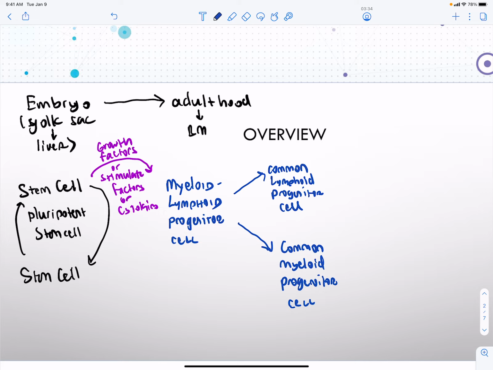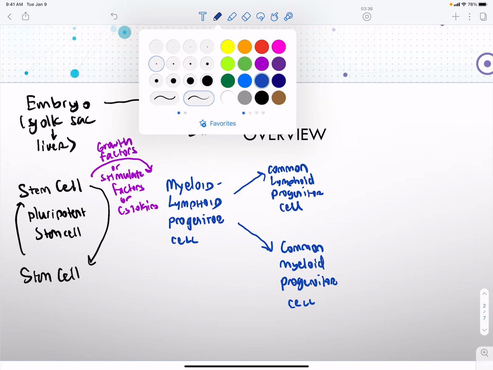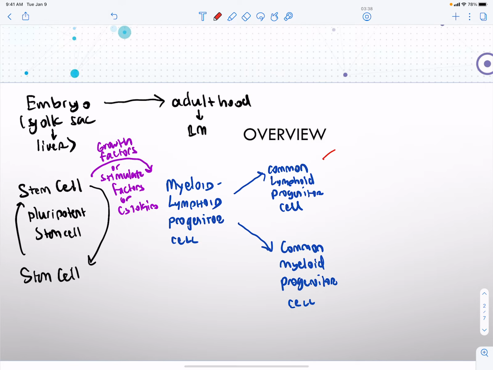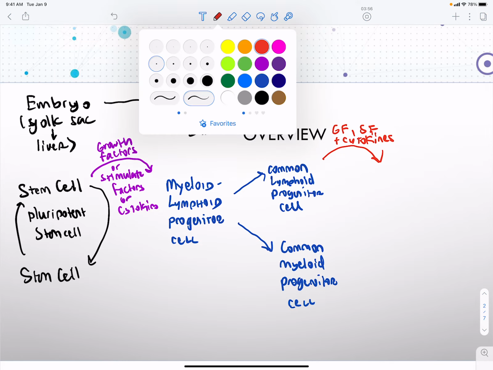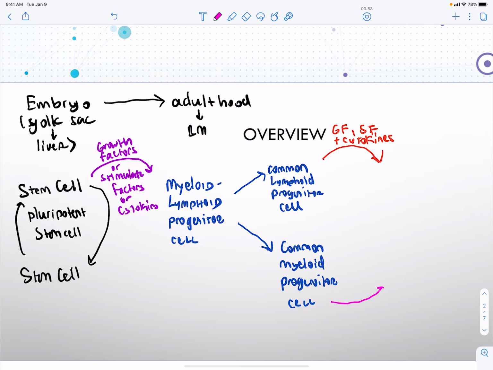And so there's going to be another series of growth factors, stimulating factors, plus cytokines. And then these cells, I'll make this a different color.